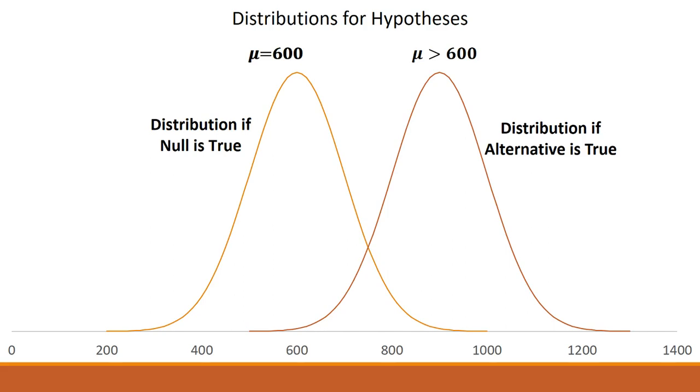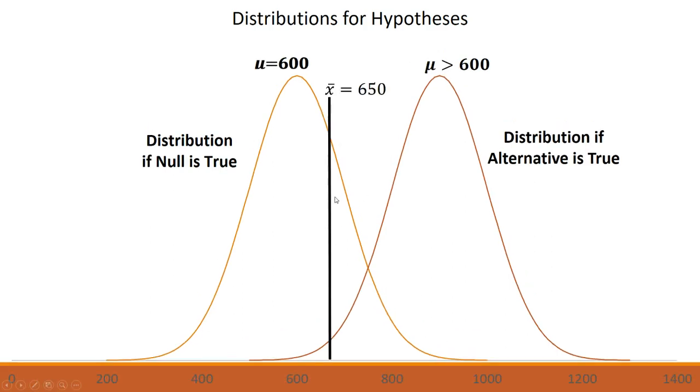Yes, there's a 50 unit difference, but there is some probability that you will find 650 even if the true population mean is 600. So let's take a look at what that looks like on the graph. Here we've got our sampling distribution of the mean if the null hypothesis is true, and the sampling distribution of the mean if the alternative hypothesis is true. And here's our sample mean, 650.